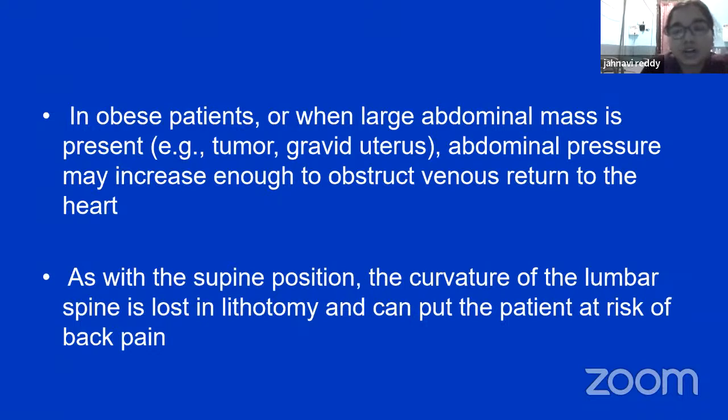In obese patients, or when the patient has a large abdominal mass, the abdominal pressure might increase more, and it will also cause venous obstruction, leading to decreased venous return to the heart. As with the supine position, the curvature of the lumbar spine is lost in lithotomy position, so it might also cause back pain to the patient post-operatively. So adequate padding should be kept so that back pain is minimized in the post-operative period.